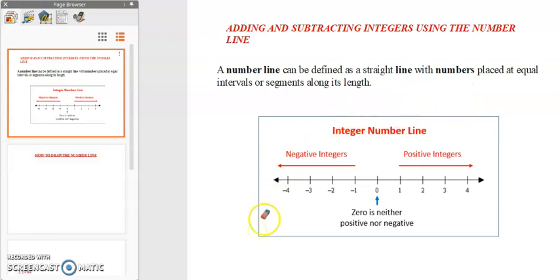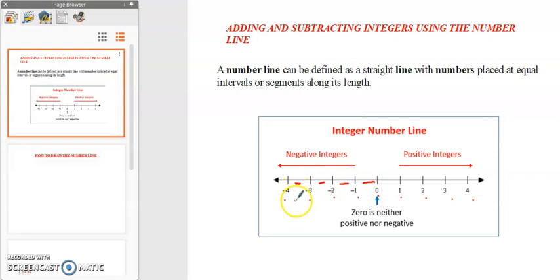So let's look at the number line a bit. A number line can be defined as a straight line with numbers placed at equal intervals or segments along its length. It's a horizontal line with numbers, and these numbers are at equal intervals, which means the space between each two numbers is the same everywhere.